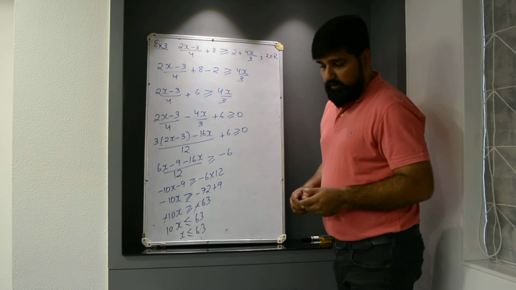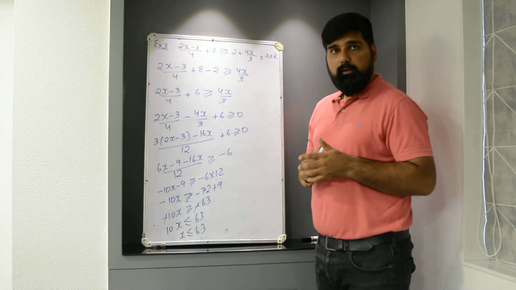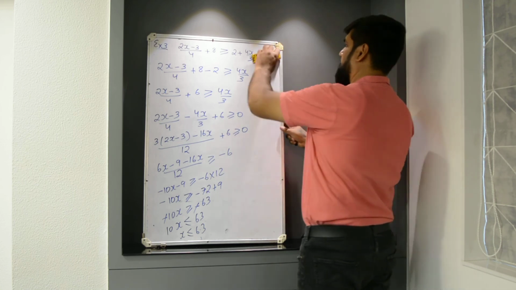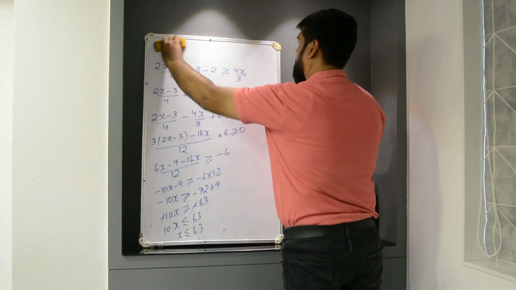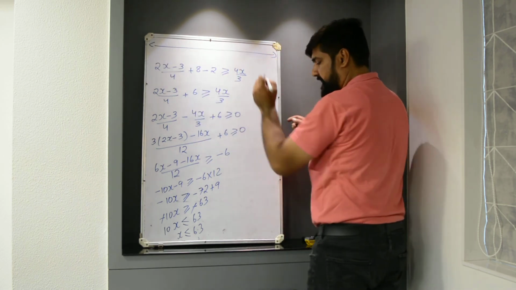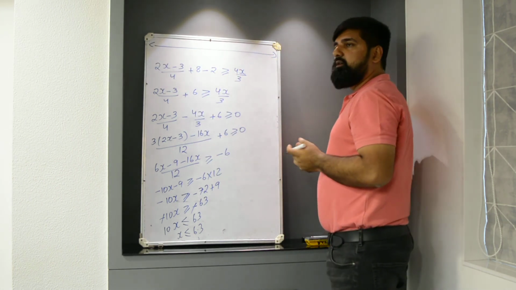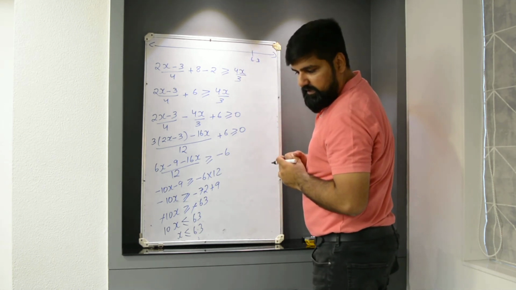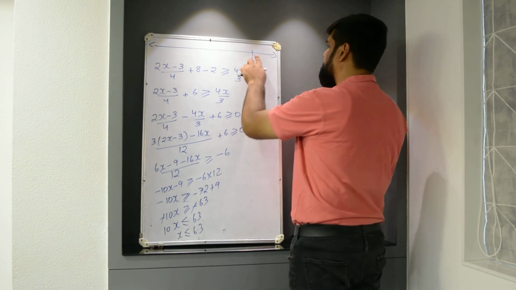So if we plot these things on a number line, x is less than or equal to 6.3. So we'll take 6.3 over here, or we can take 6 over here.